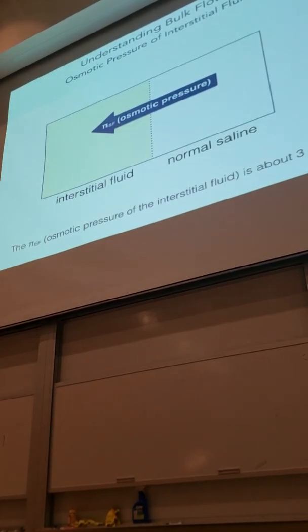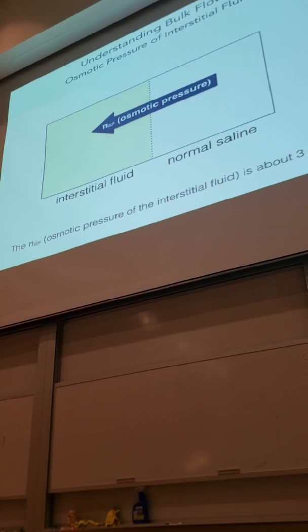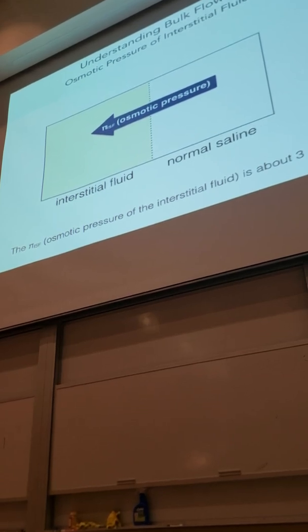Okay. And if we take our interstitial fluid, we want to know its osmotic pressure. Well, compared to normal saline, it's not the same. If we take interstitial fluid, it's made up of sodium chloride and some other organic molecules in small amounts by comparison. It's essentially zero.